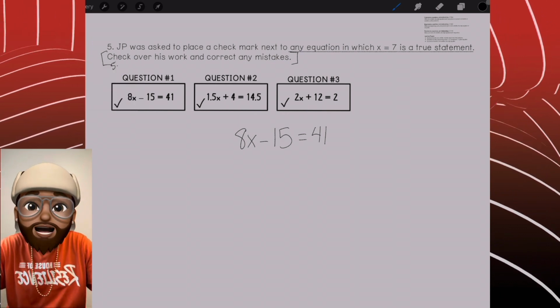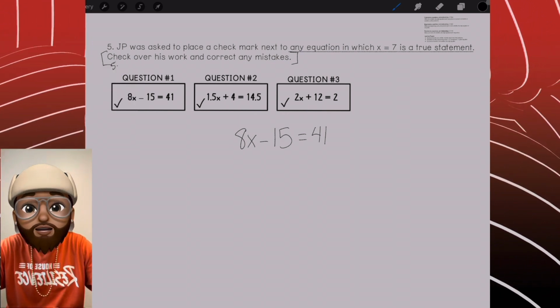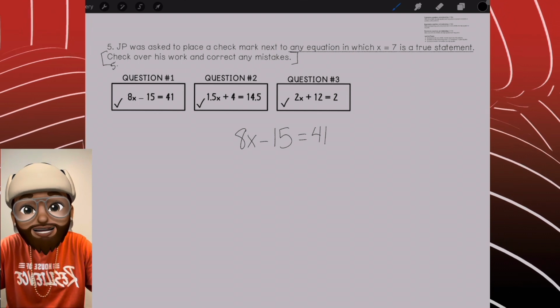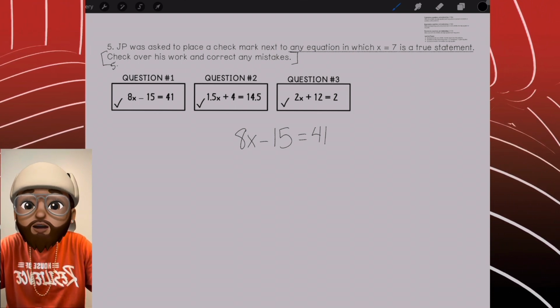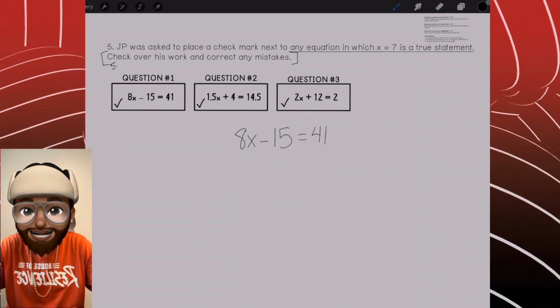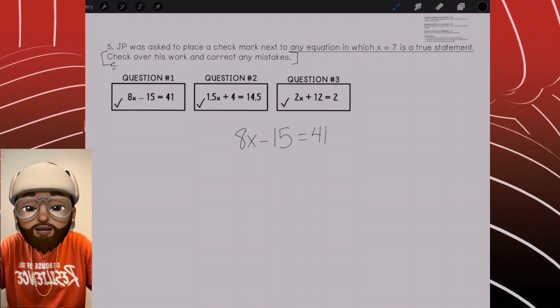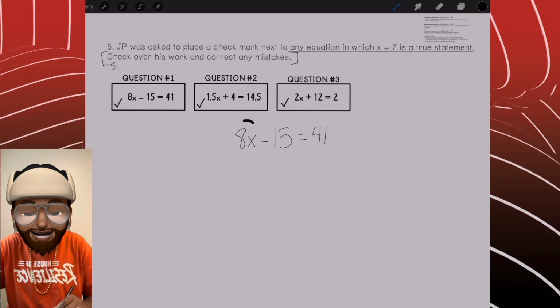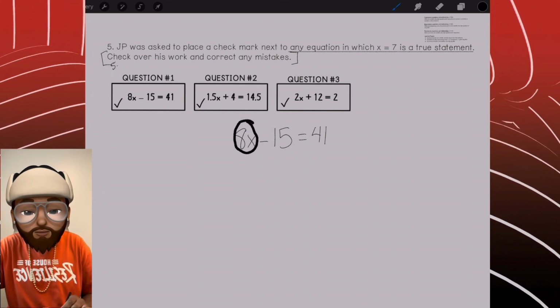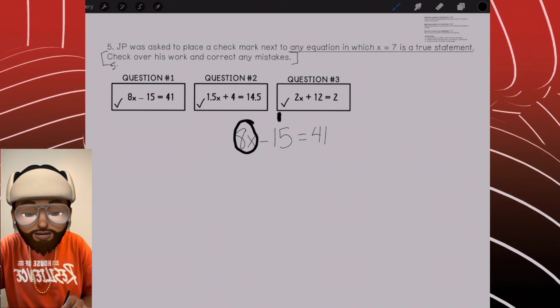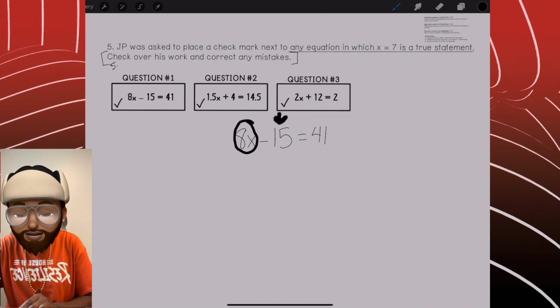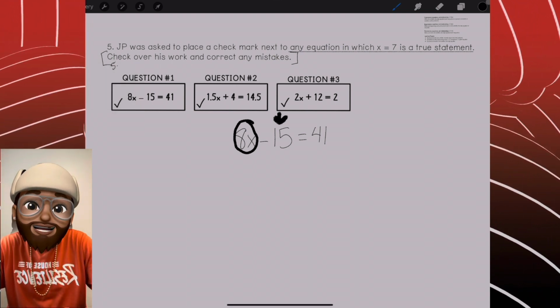Now, with 8x minus 15, we need to go through the two-step process in solving this. So we start by isolating the variable and the coefficient, which is 8x. We want to isolate the 8x by removing this negative 15 from that side.